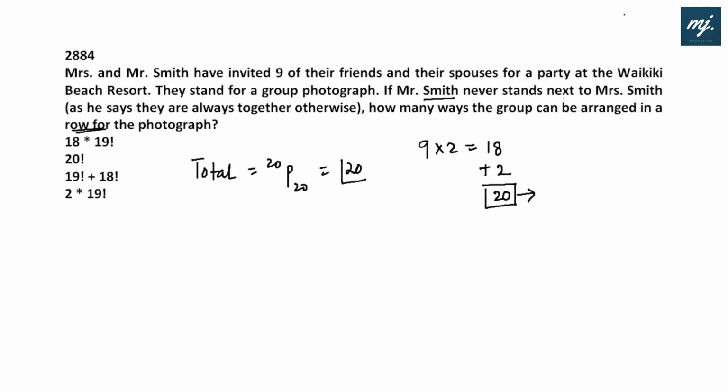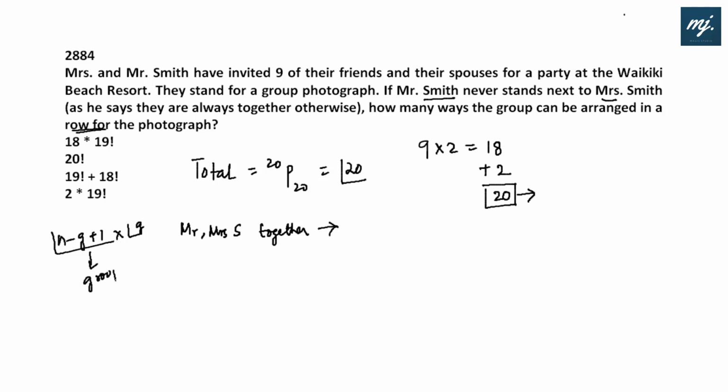Now Mr. and Mrs. Smith are not going to stand together, so let us make them stand together. If Mr. and Mrs. Smith are standing together, then in how many ways can they get themselves clicked? We know the group formula is (n minus g plus 1) factorial into factorial g, where g is the group size.